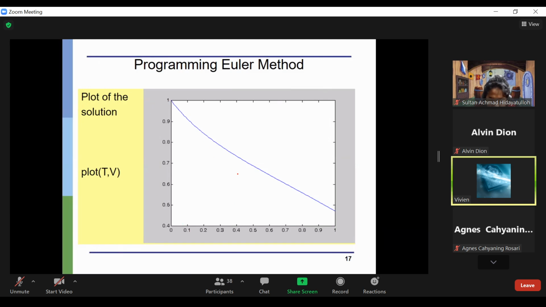So this is the plot. This is the example of applying Euler's method in MATLAB. You can also do the same in Fortran or Python, more or less similar. You see it is in the form of looping from one step to another step.